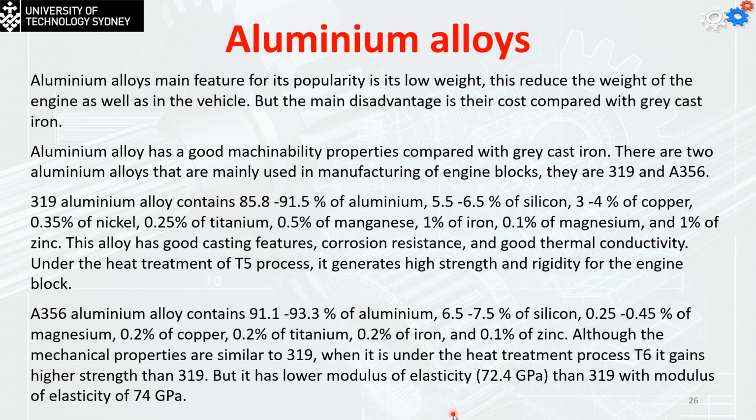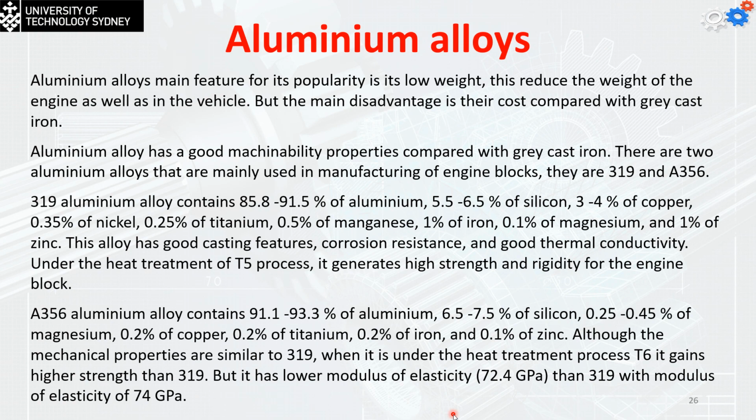Although the mechanical properties are going to be similar to 319, under the heat treatment process, the T6 will gain higher strength than the 319, but has lower modulus of elasticity than the 319, and this will make it less desirable by the designers.